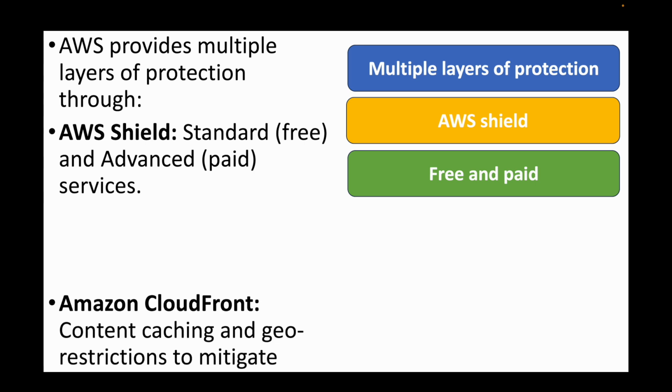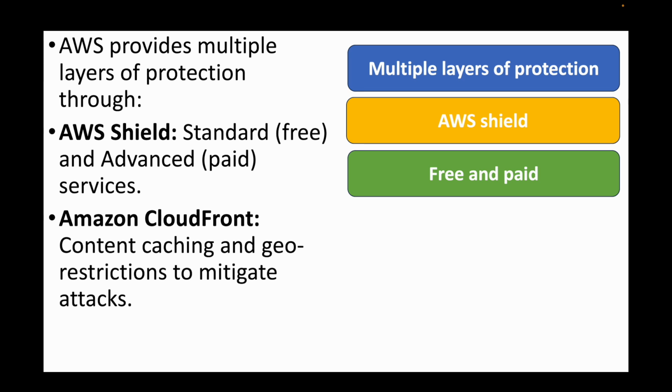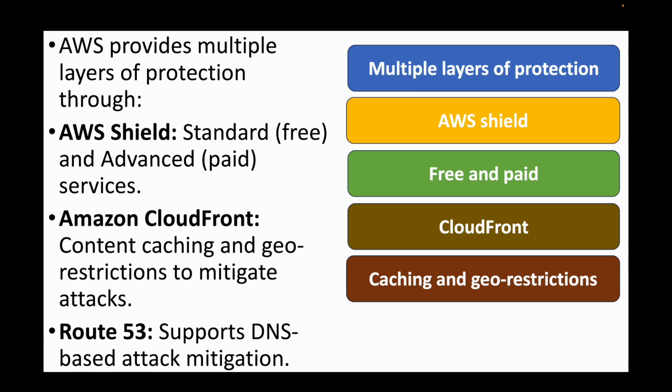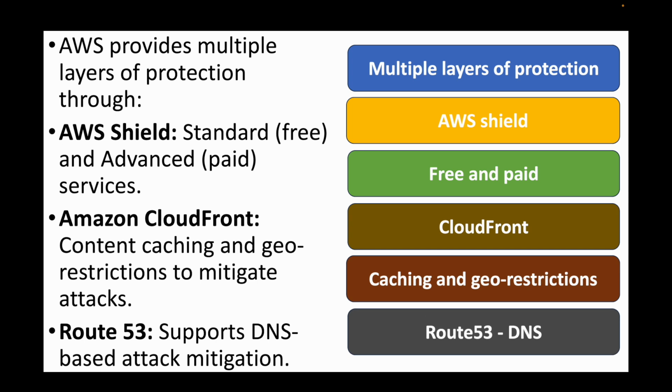You can also pair this with CloudFront as well as the Route 53 service, and these tools can help you create a robust shield against high volume attacks. Using CloudFront, we can enable caching and geo restrictions to mitigate attacks. We can also use Route 53 for attack mitigation. All those things can be done.